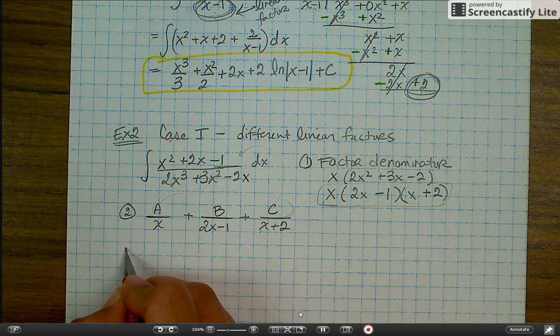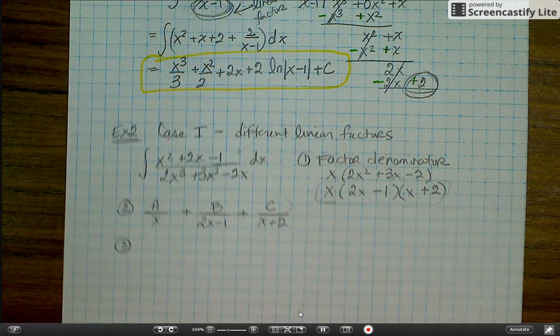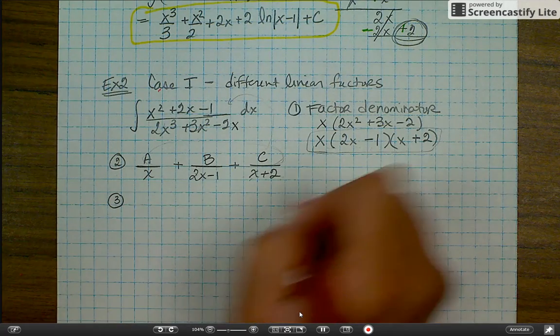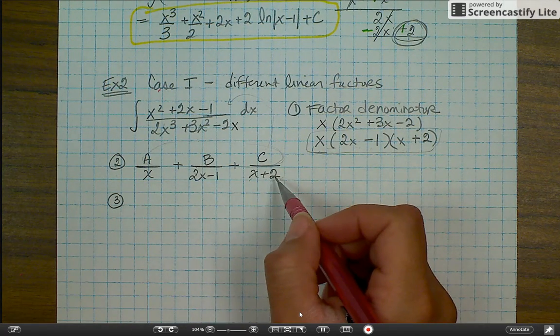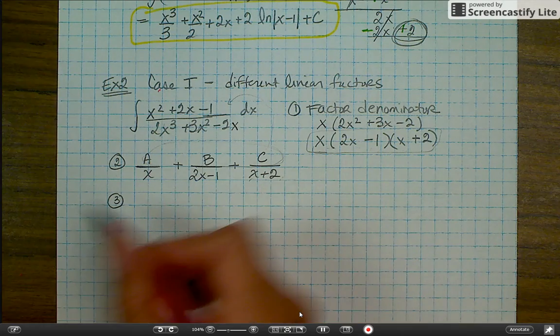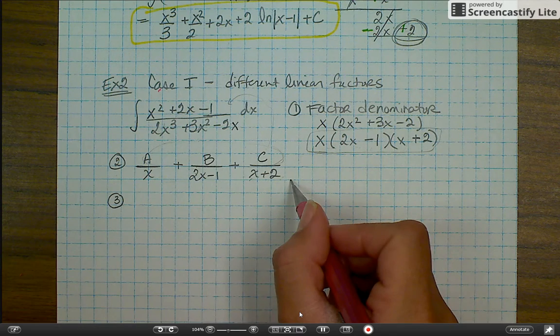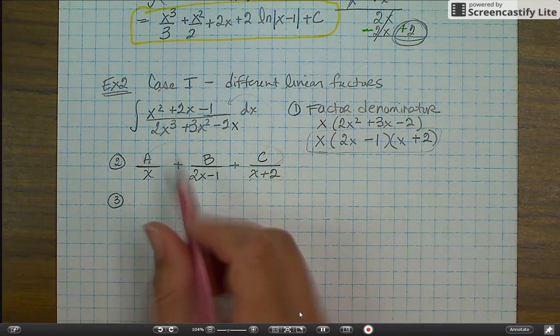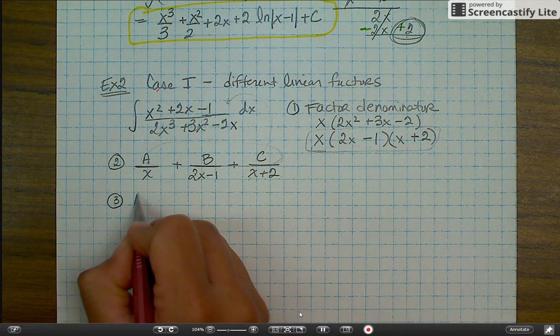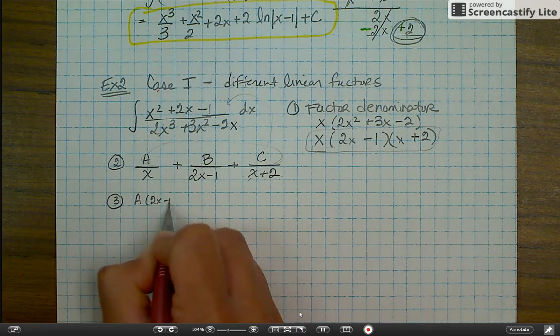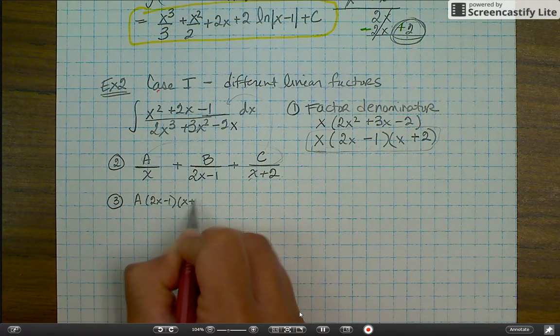Now the third step is to go through the process of putting all our fractions together. And so what does that mean? I needed a common denominator, right? Okay, so what was this one missing? A needed 2x minus 1 and an x plus 2.